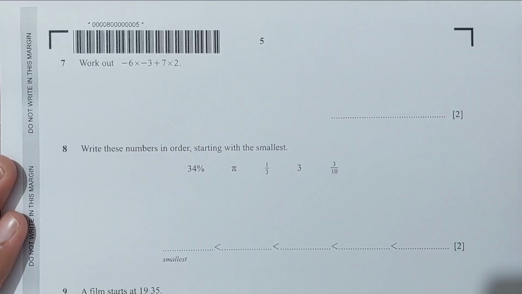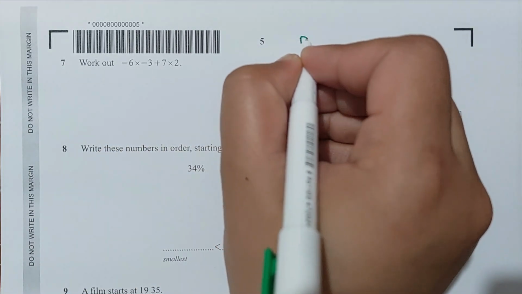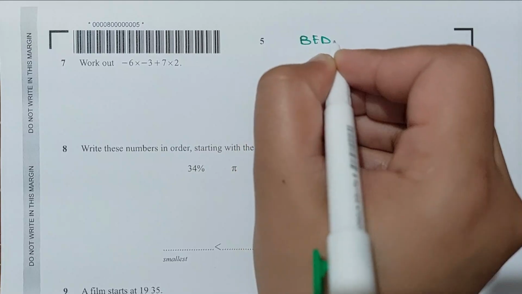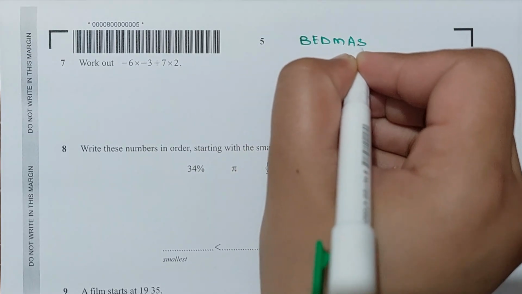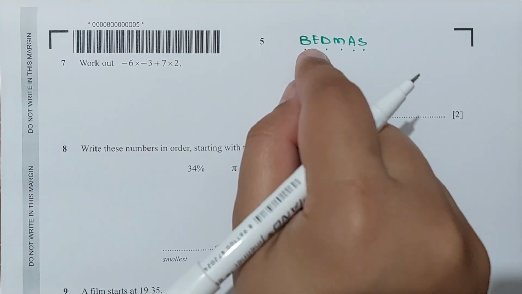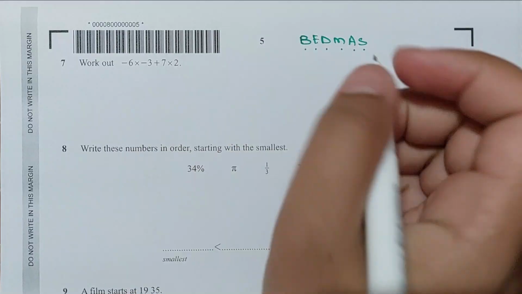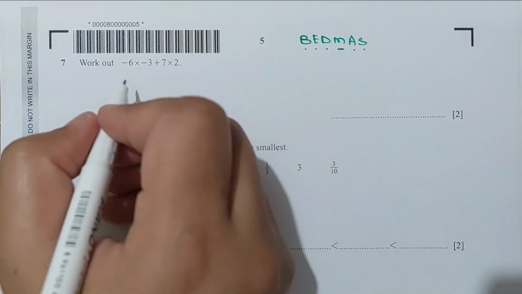All right. Question number 7, work out. So here we have to use BODMAS. Bracket, exponent, division, multiplication, addition, and subtraction. So we do not have a bracket, no exponents, no division. We have a multiplication, we have a subtraction and addition. So first we apply the multiplication.